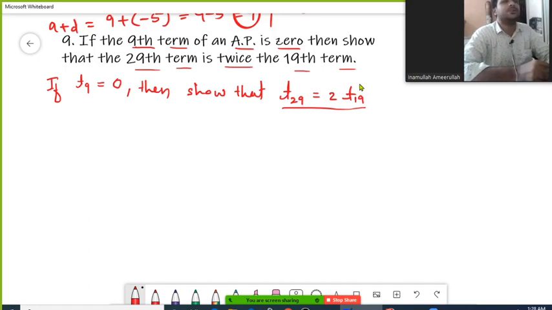Basically this question talks about terms of an arithmetic progression. So in this question we will use the nth term formula, that is Tn is equal to a plus n minus 1 into d. The first information provided is T9 is 0.